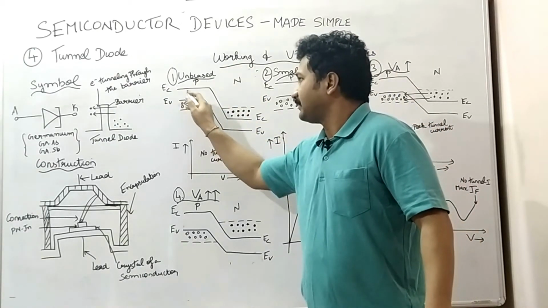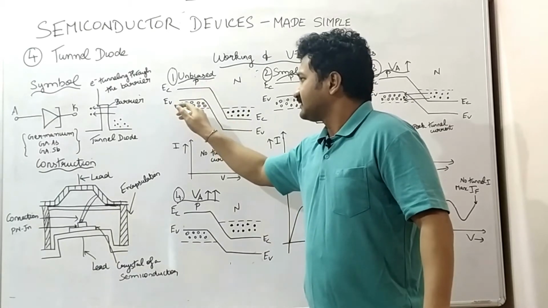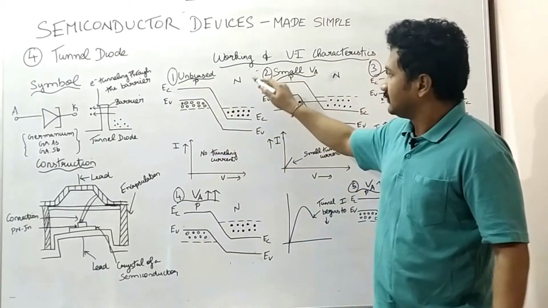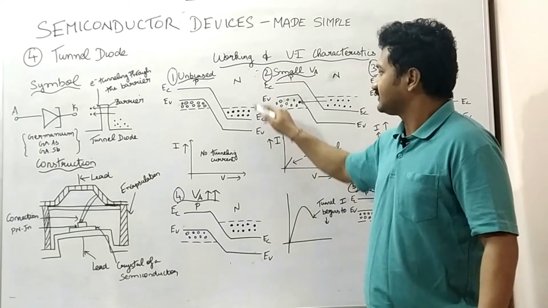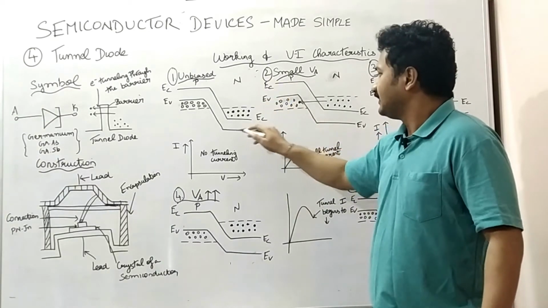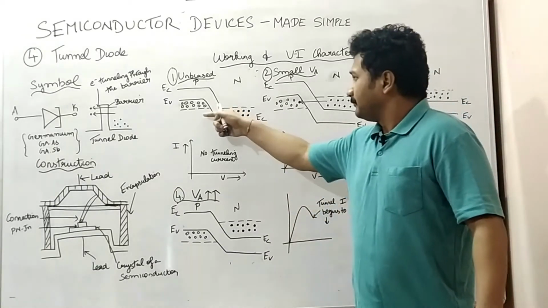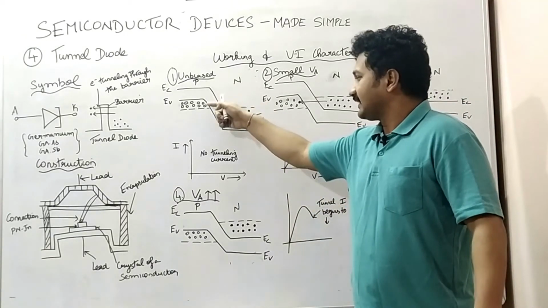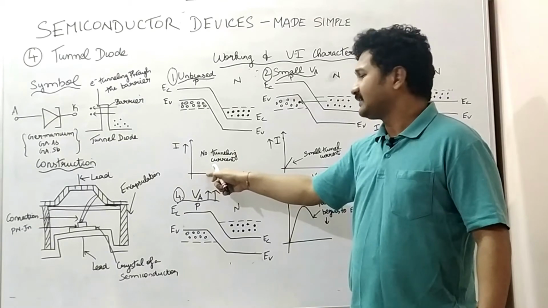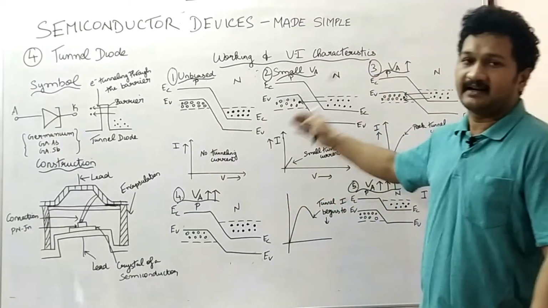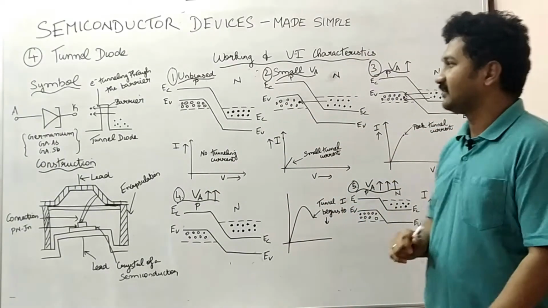EC is the conduction band of the P type, EV is the valence band of the P type, EC on this side is the conduction band of the N type, and EV is the valence band of the N type. Below every energy band diagram, I have depicted the graph so that in a step-by-step manner we would understand the function of a tunnel diode.